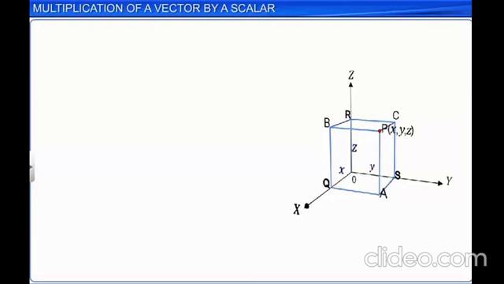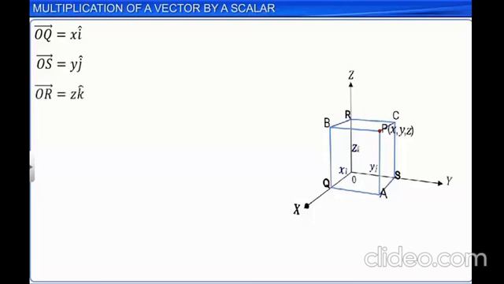Now, vectors i, j and k are unit vectors along the x, y and z axis respectively. Thus, vector OQ is equal to x into unit vector i along the x-axis. Similarly, vector OS is equal to y into unit vector j along the y-axis, and vector OR is equal to z into unit vector k along the z-axis.